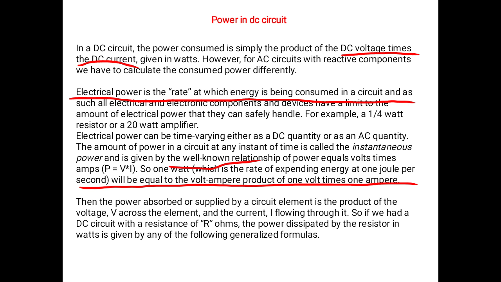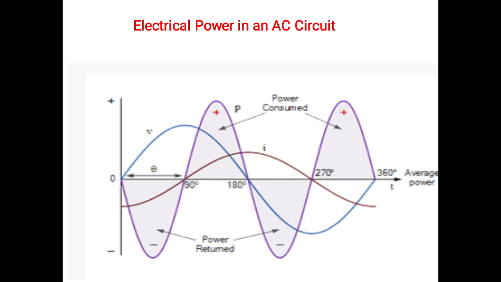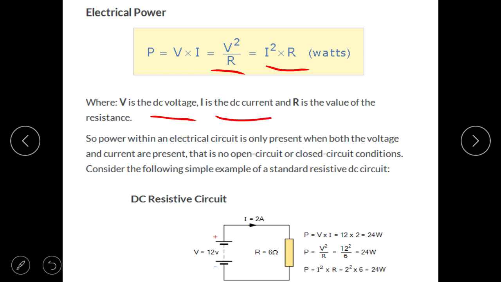flowing through it. So if we have a DC circuit with resistance of R ohm, the power dissipated by the resistor in watt is given by any of the following formulas: P is equal to V into I, that is equal to I square R, or V square upon R, in watt, where V is the DC voltage, I is the DC current, and R is the value of resistance.